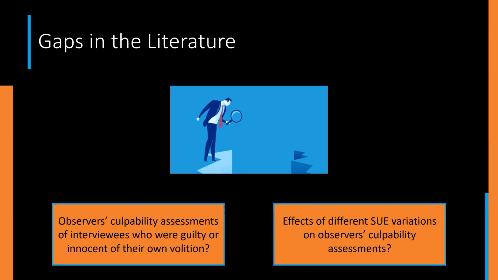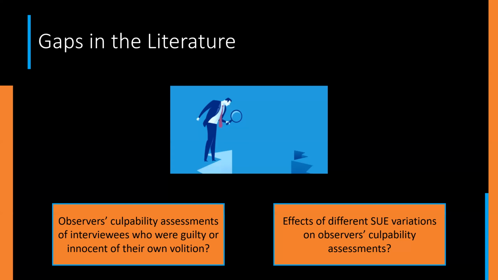But there isn't any study that looks at the effect of SU on observers' culpability assessment when interviewees underwent a psychologically realistic interrogation and were not told to lie or tell the truth, but just followed their own instinct on how to navigate the interrogation, with the belief that they were actually in trouble and actually being accused of a transgression for real.